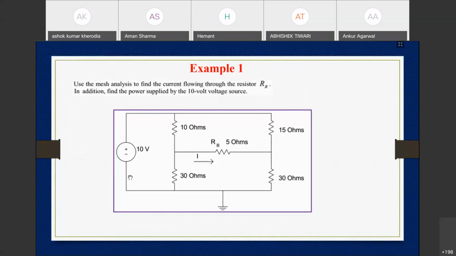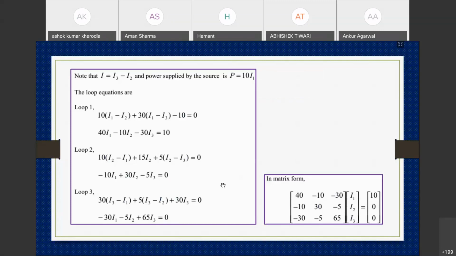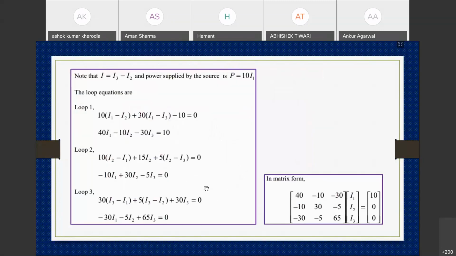So I will put current I1 here, I2 here, I3 here, and then manually I will write the equations. These are the final equations. I want them in the format I equal to, with a matrix for Z, a matrix for current I, and V.